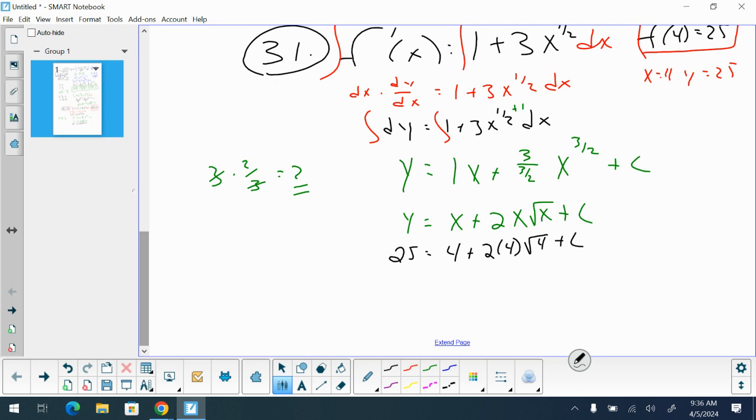Now we can solve for c. 25 is equal to 4 plus 2 times 4 is 8, times the square root of 4, which is 2, so we have 16 plus c. 25 equals 20 plus c. c is equal to 5. So this equation turns into y is equal to x plus 2x square root of x plus 5.